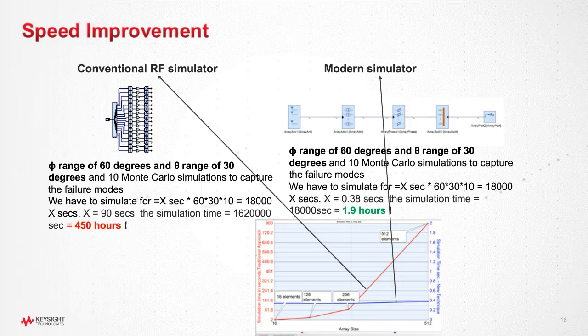It was taking a much longer time for the conventional RF simulators, whereas the modern phased array simulator is very flat, as shown in the blue curve here in the graph. Even for a 10,000 element array, we found that it takes only a few seconds to simulate for a specific direction.